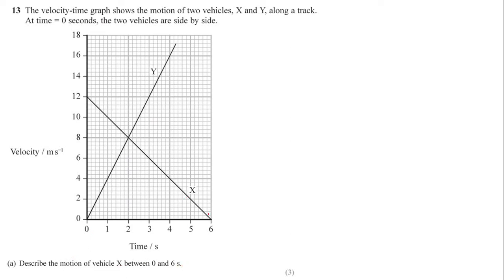So if you see 0 and 6 seconds, the vehicle X. Initially, vehicle X is moving at a speed of 12 meters per second, and it is decelerating. If you wish, you can calculate the deceleration. So deceleration a is equal to 0 minus 12 over 6 minus 0, so your answer will be minus 2 meters per second squared.